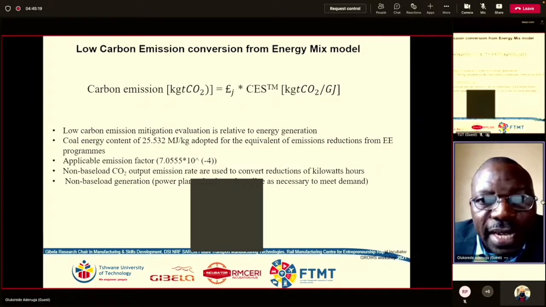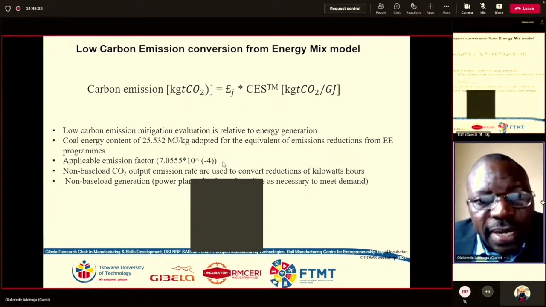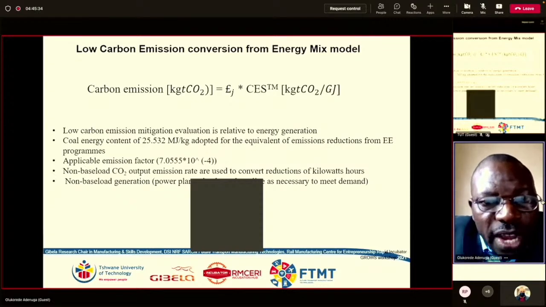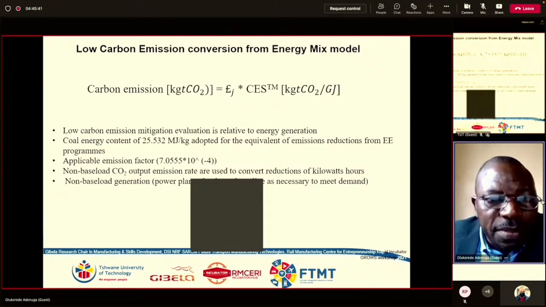And we apply this factor, which is the carbon emission factor set in South Africa, which is 7.055 multiplied by 10 raised to the power minus 4. So for every energy that is consumed, this factor, when applied, gives you the carbon emitted.